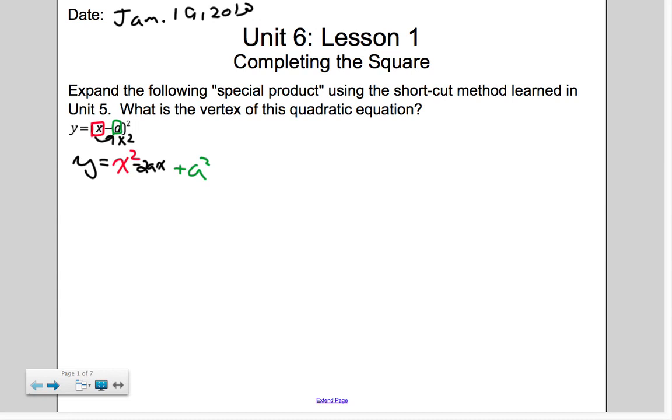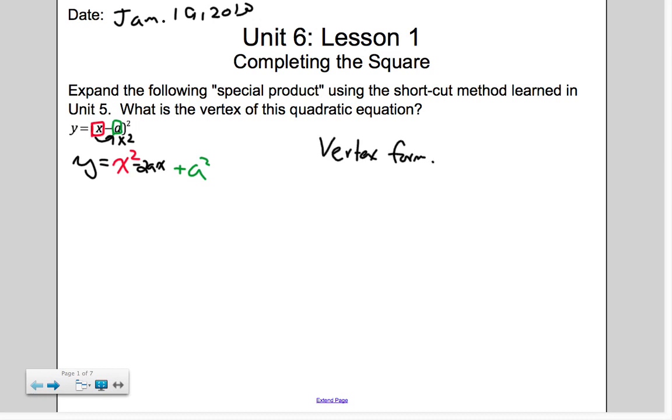What is the vertex of this original quadratic though? What is the vertex? A, 0. How'd you get that? A is the x value, the d value in the vertex, and since there's no value outside, it's just 0. Right. So remember from the last time we did the whole marble dropping thing, remember the vertex form?